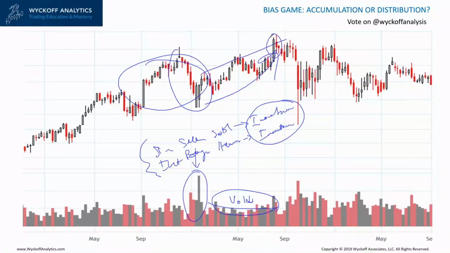We see the climactic end to that rally, suggesting that supply has come, and we're thinking that probably this is just a professional mean reversion trade that is being produced. But then when we see that this happens, that suggests that this initial supply had some kind of institutional signature as well.